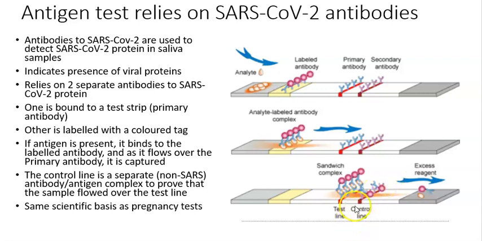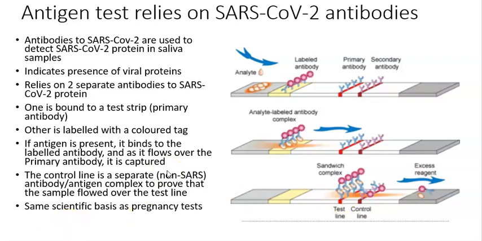Now the control line here is also another analyte that is down here, and that is just to prove that the saliva sample here made it to here. So it's another labelled protein, an antibody, and we're not going into the details of that, but that's just to prove that the sample made it this far. So this will always be positive. This line will only be positive when there is virus present.